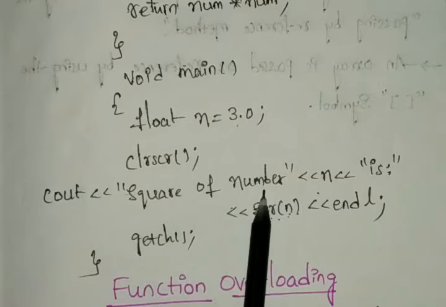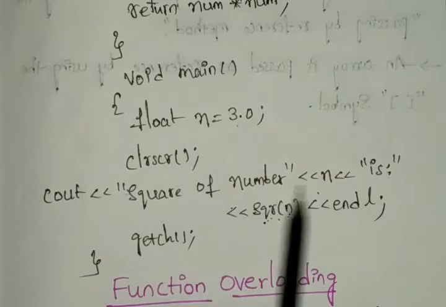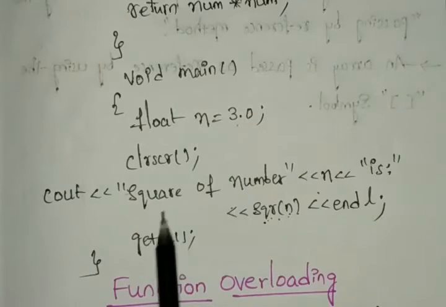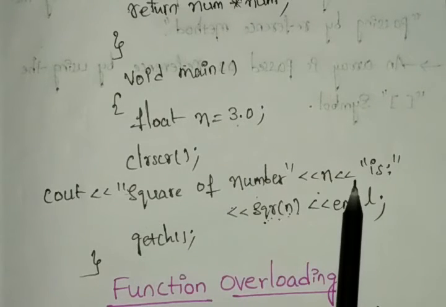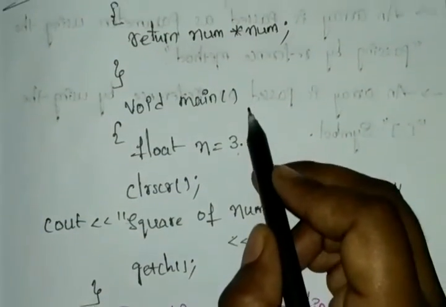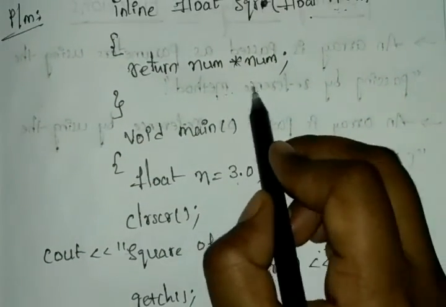So here we wrote square of number, and automatically it will show the output, square of number is... n we have means 3. 3 is 9, 3 into 3. How can it be performed? By num into num.